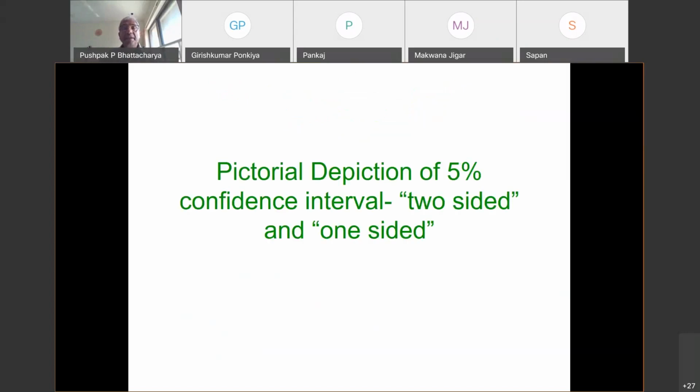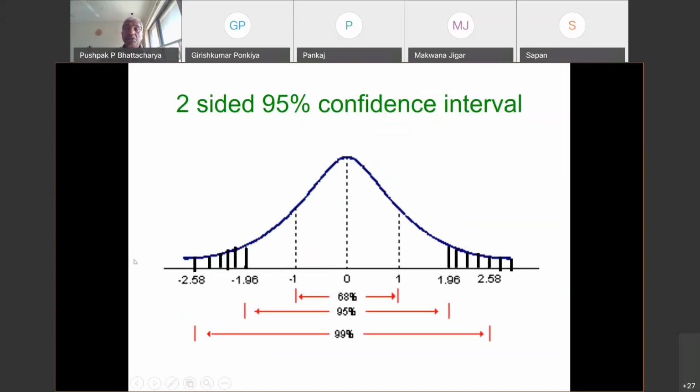We give a pictorial depiction now of the 5% confidence interval. So look at this standard normal curve, mean 0, standard deviation 1. Look at these plus 1.96 and minus 1.96. You take the area of the curve from plus 1.96 to plus infinity and minus 1.96 to minus infinity.